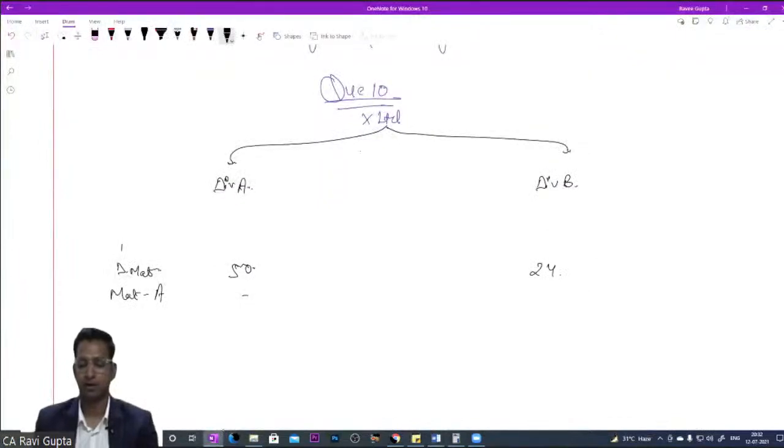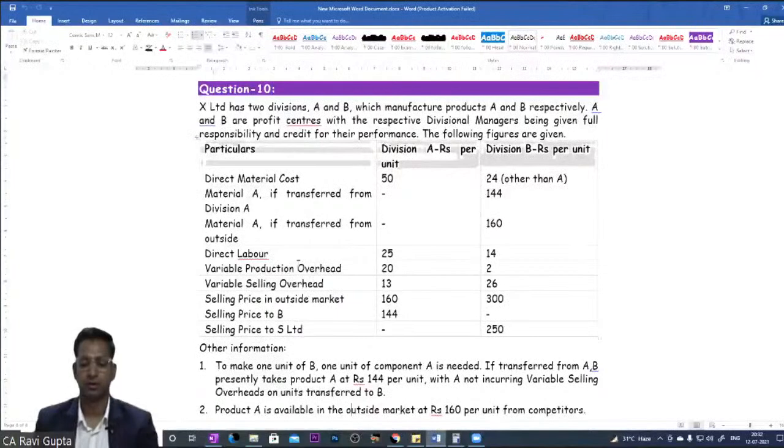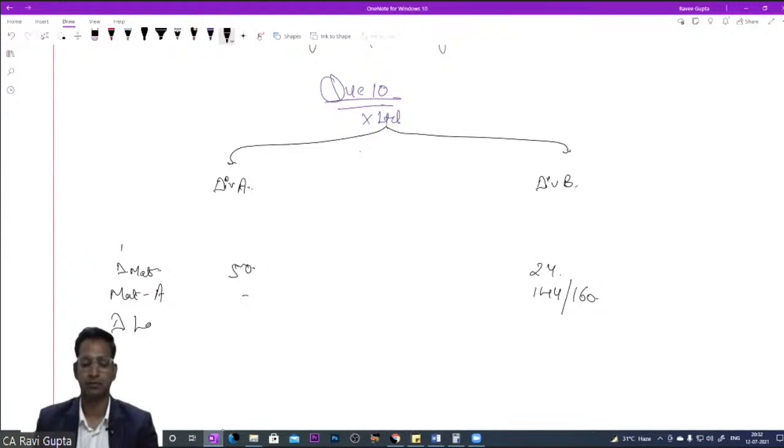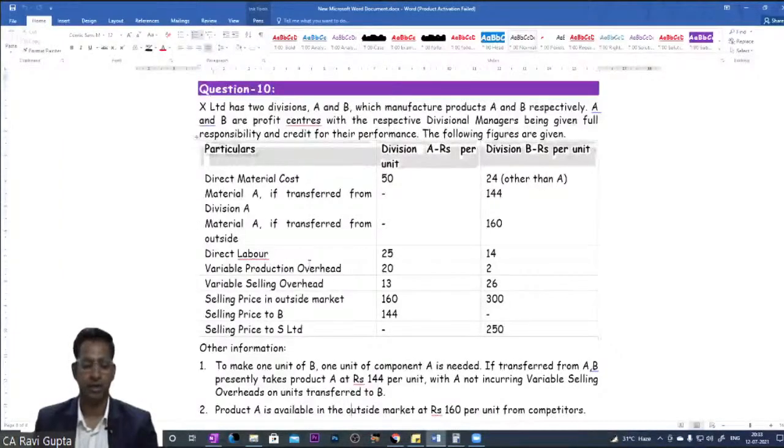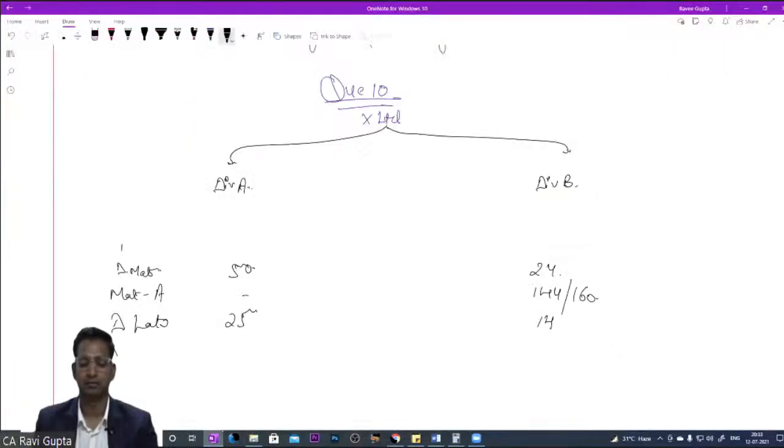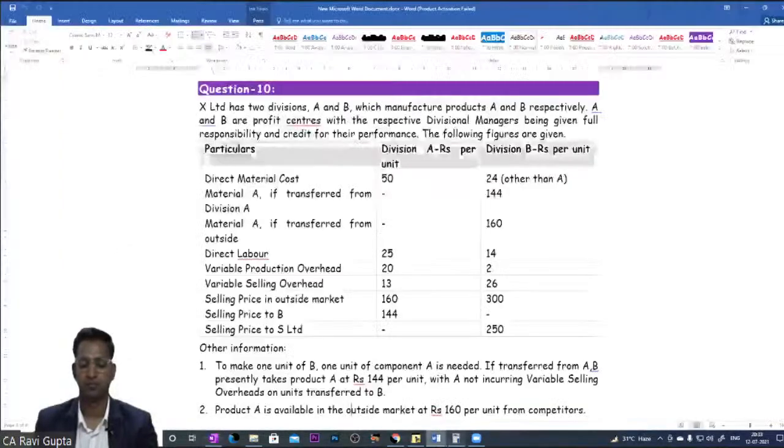Okay, fine. 144 slash 160. Hope you can understand this point. If it is purchased from outside, it will be 160. Otherwise, it will be 144. Direct labor 25 and 14. Variable production overhead is 20 rupees and 2 rupees.